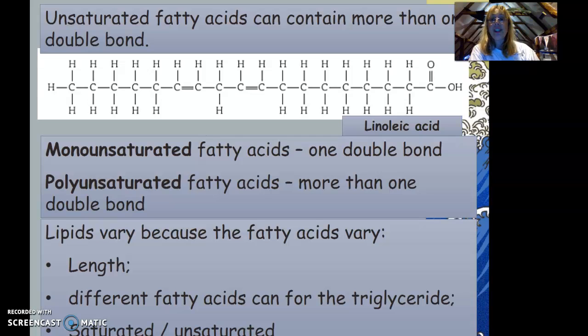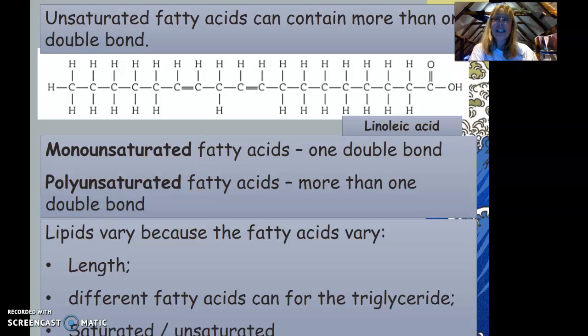Now, as I said to you, the lipids can also vary, because the fatty acids vary in length, so that's the number of carbons in this long chain here. Different fatty acids, so you can have 3 different fatty acids joining up with the glycerol to make up the triglyceride.